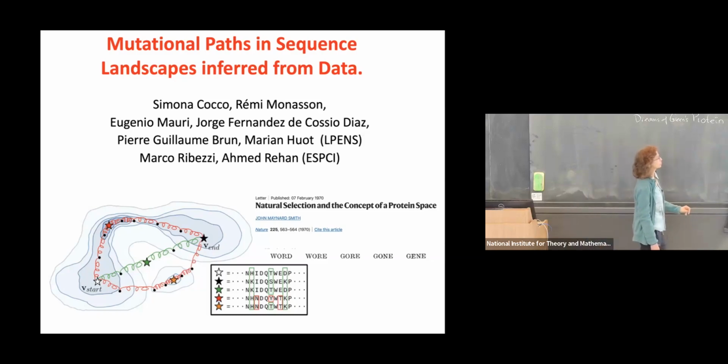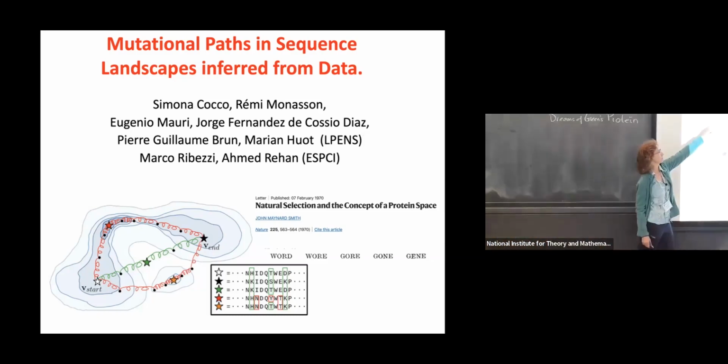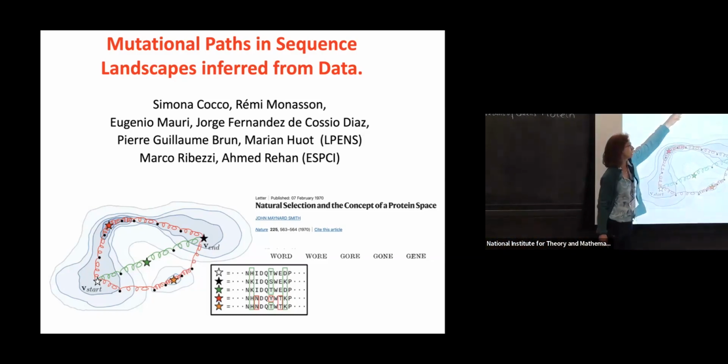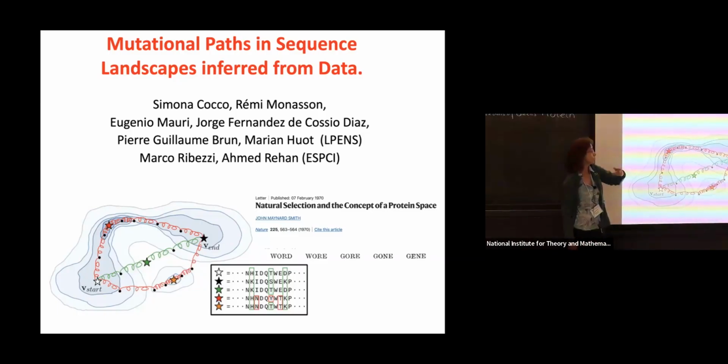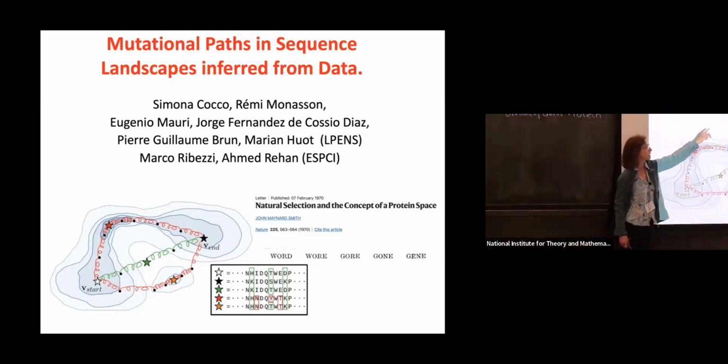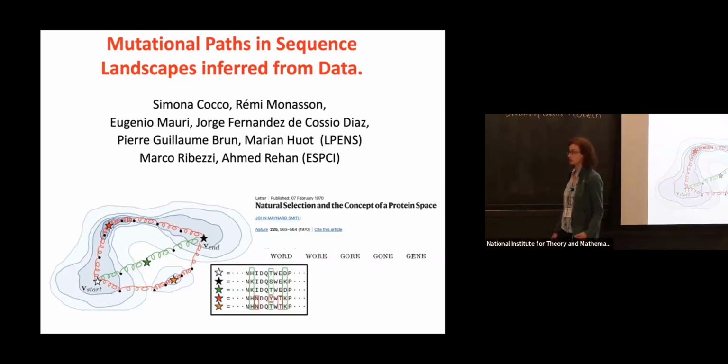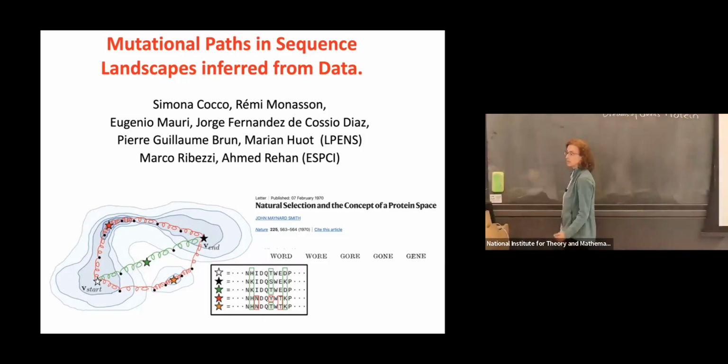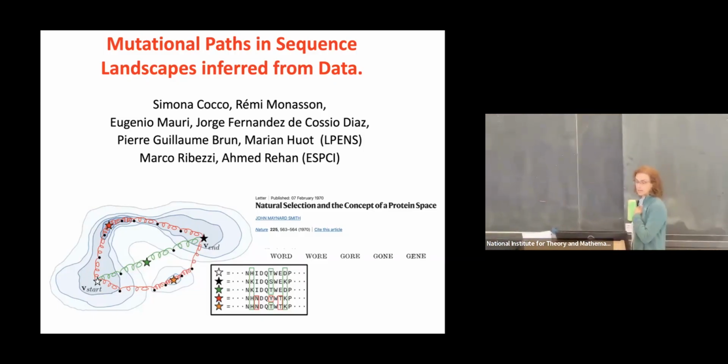I will also show that on the WW domain we have tested this path thanks to the experimental collaborators, Marco Ribezzi and Ahmed Rehan at ESPCI in Paris. And if I have time, I will go to the SARS-CoV-2 protein, where my student Marianne Huot did all the work.